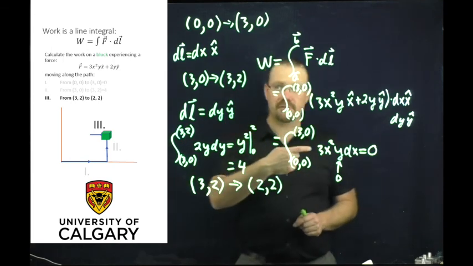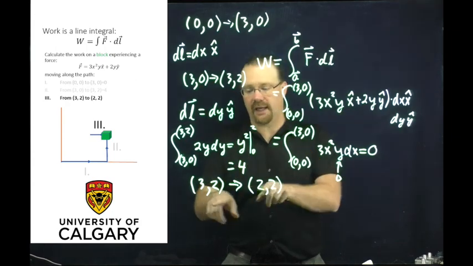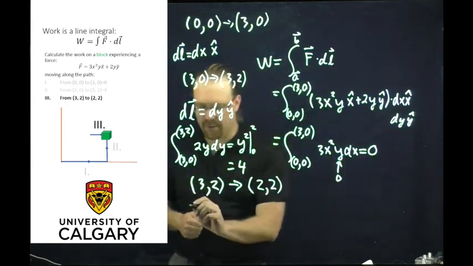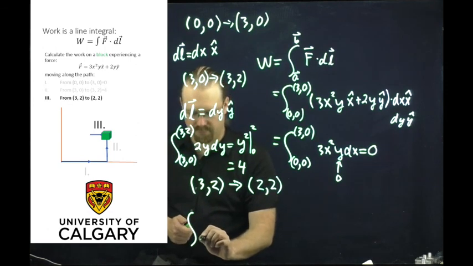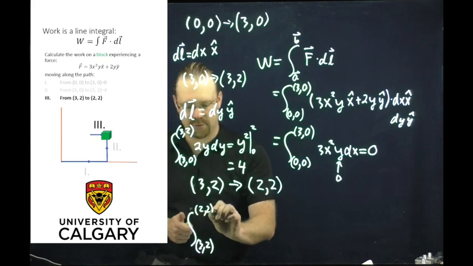So we've defined a positive direction and our dx has to be pointing in that positive direction. Because it's doing that, our limits of integration wind up going in the direction that they do. So we are integrating from 3 up to 2.